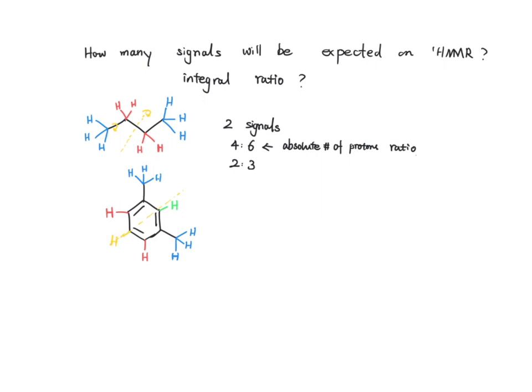Okay, so 4 different colors, 4 signals, 4 different protons. And the ratio, if we start from the blue one, will be 6, and then you have 2 of red and 1 of green and 1 of yellow. So the ratio here is 6 to 2 to 1 to 1.